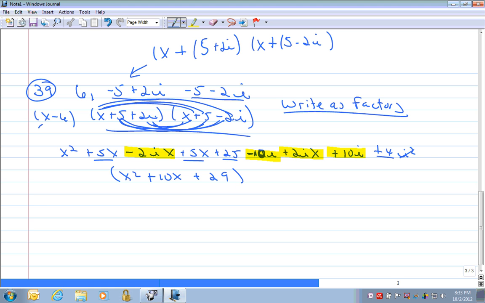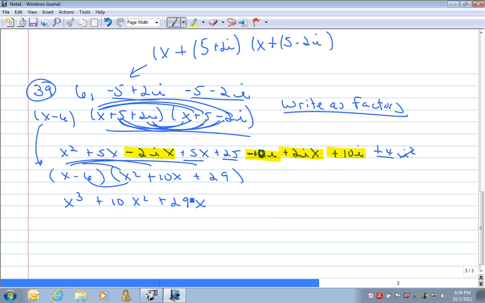Now, we still have to multiply all of that by x minus 6. And let's do that. We just have to be really careful when we do these. So we have x times x squared, which is x cubed. We have x times 10x, which is positive 10x squared. And we have x times 29, which is positive 29x.